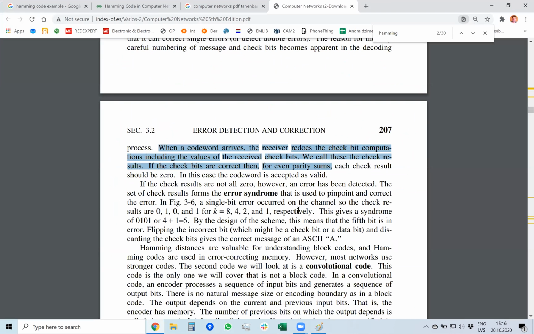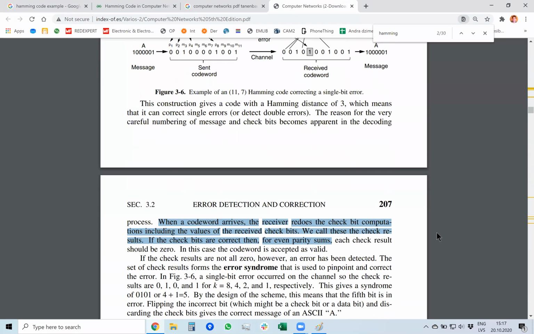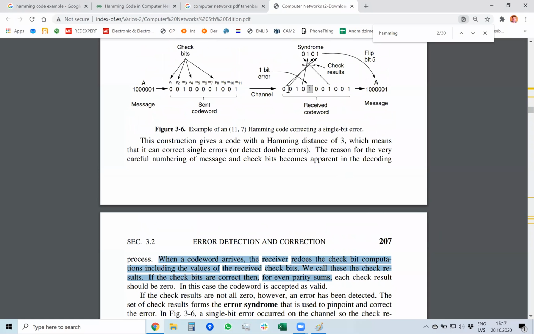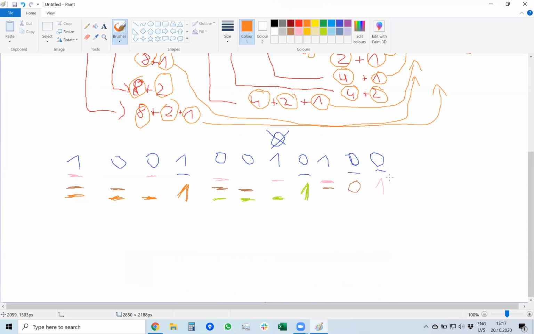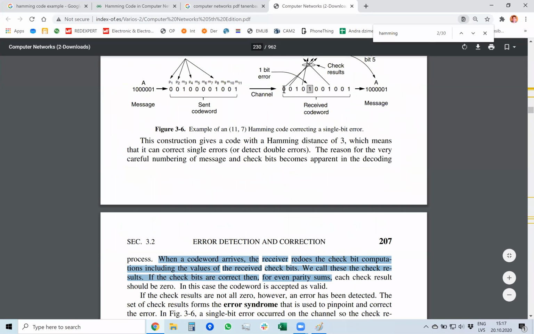So the error syndrome is this. I'm not sure if I didn't make some mistake in the calculation. 0, 0, so why did I get 1? I should have received 1, 0, 0, 0, 1.